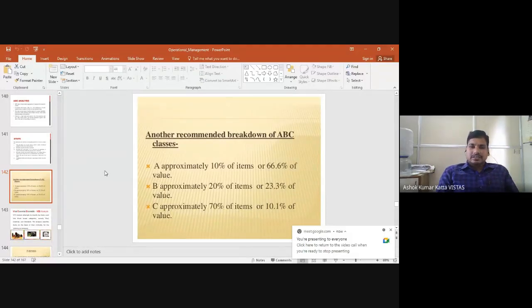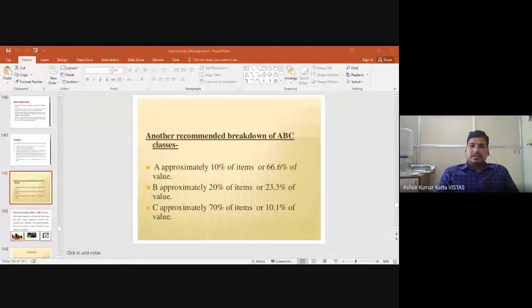Under this slide, you can see the managements will be spending on 10 percent of materials, and the value of that 10 percent is more than 66 percent. Certain companies buy 20 percent of materials and the value is more or less 23 percent.